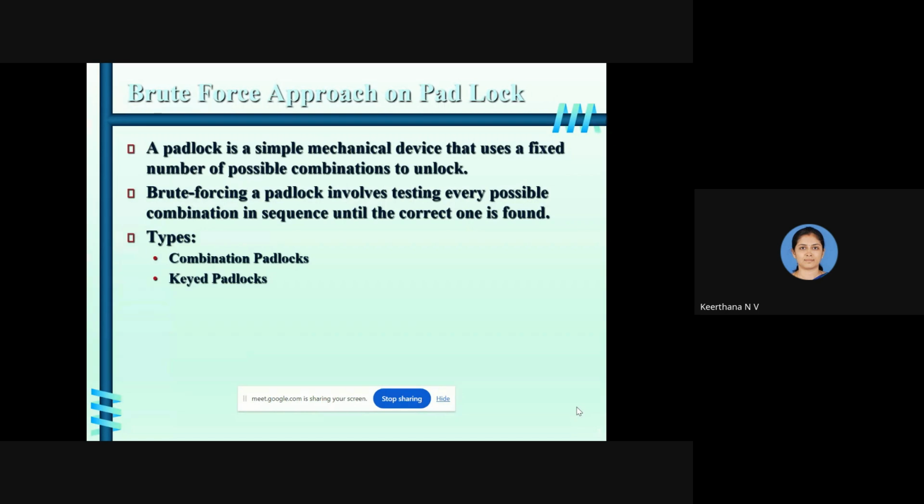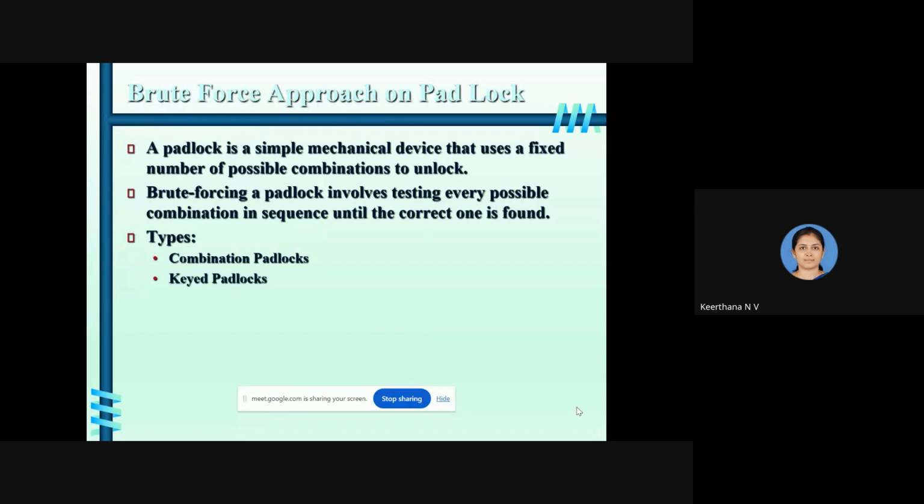There are two common types of padlocks. The first one is a combination padlock, and the second one is a keyed padlock. A combination padlock involves a number of specific sequences or symbols for unlocking the device. A keyed padlock uses only physical keys.